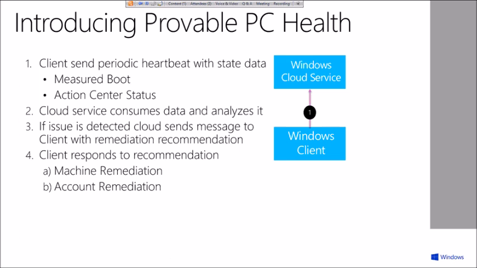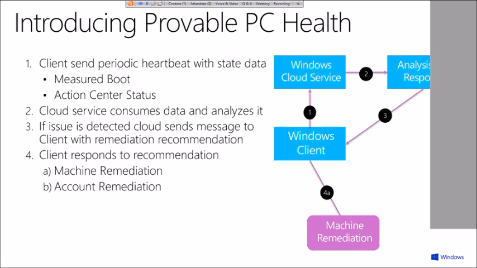Now this cloud service will consume the data, do some analysis, and then the analysis and response will be sent back to the Windows client. This will include machine remediation recommendations as well as account remediation.